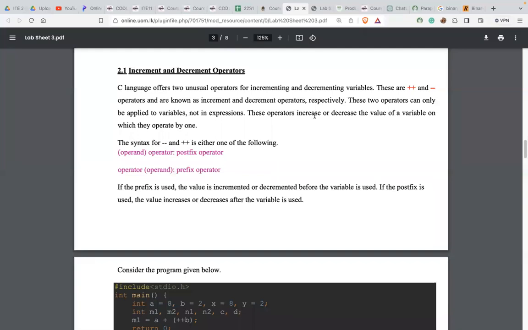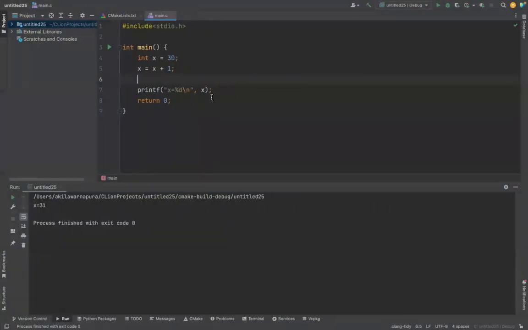Now the increment and decrement operators. You can do this another way, called x plus plus. Instead of this one, I comment out this line. Instead of writing x equal x plus 1, you can write it in a simple shortcut way, x plus plus.